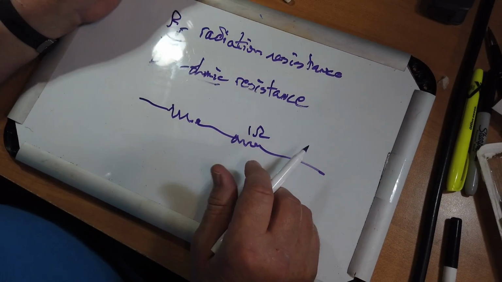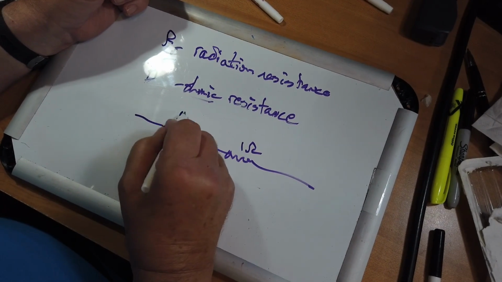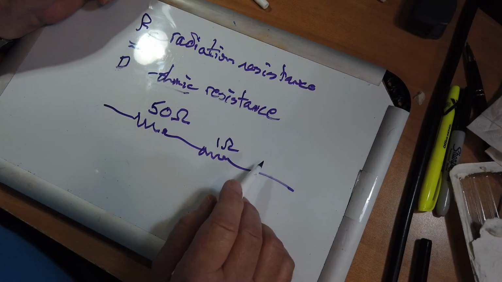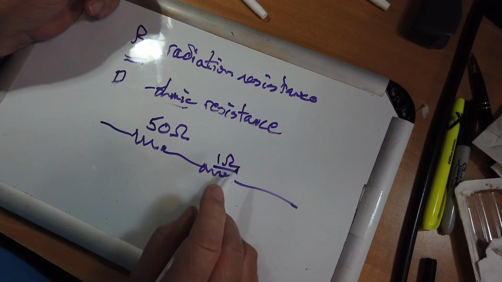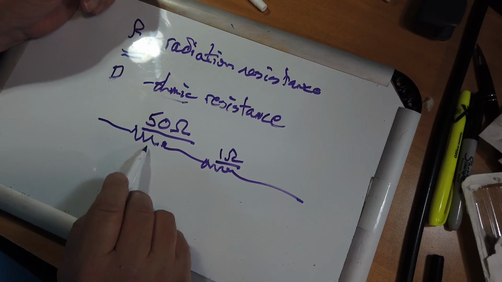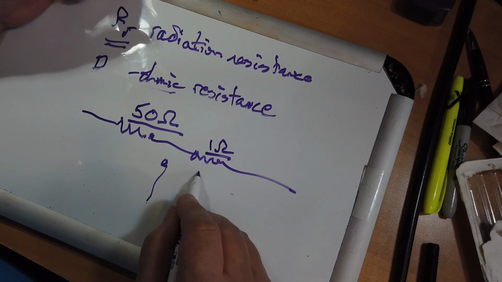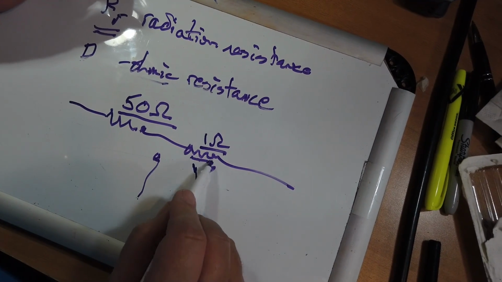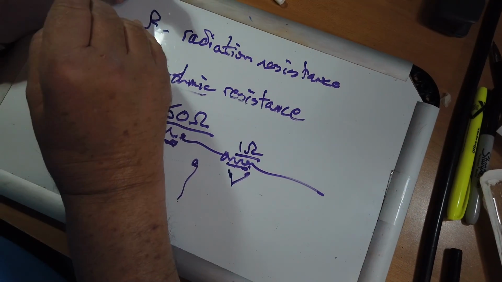If you're using 14 gauge wire, you've got even less than that. And your radiation resistance is around 50 ohms. Let's just take that as common for your standard dipole. So if you apply voltage to this, the voltage across this will be much smaller than the voltage across this, and it will radiate very well.